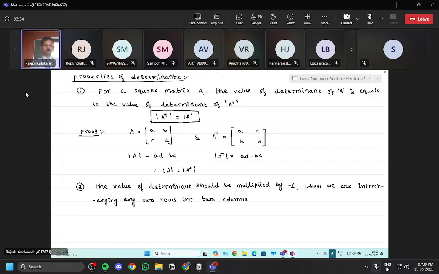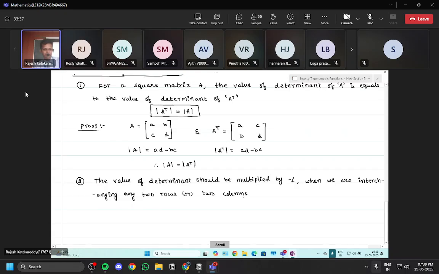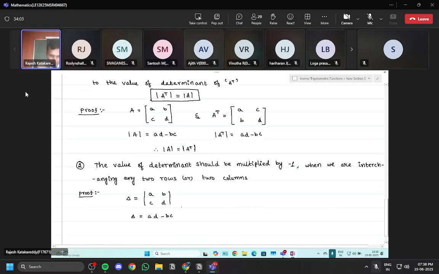Clear? Let us take again a small example. Let us take delta as the determinant A, B, C and D. The value of delta is AD minus BC. Now let us apply the transformation. What I am doing for delta, column 1 and column 2, we are interchanging.